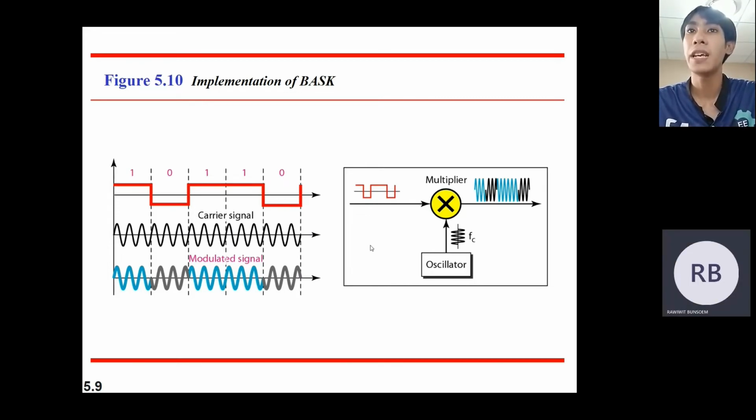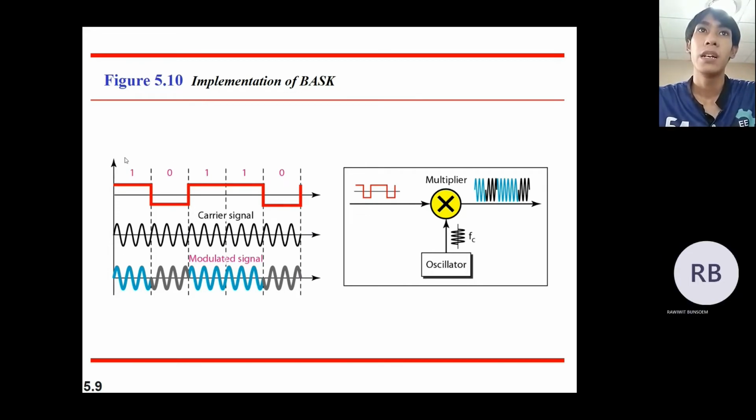Implementation of BPSK. Look at the picture: this is the input signal and this is the carrier signal. In the modulated signal, at bit 1 the phase does not change, and at bit 0 the phase changes.